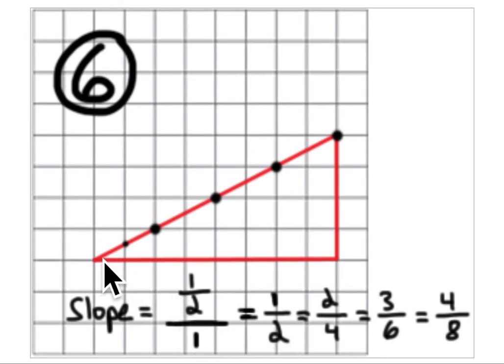So this is a measure of how far you're moving in a vertical direction compared to how far you're moving in a horizontal direction. So this is an example where you're not getting very far up a hill as you move in a horizontal direction. So it's not very steep.